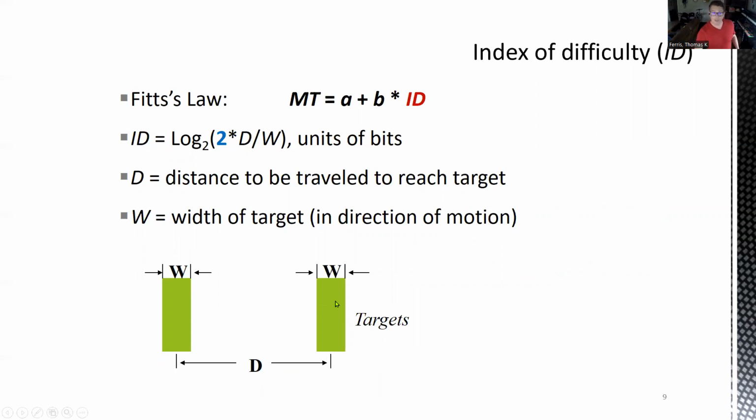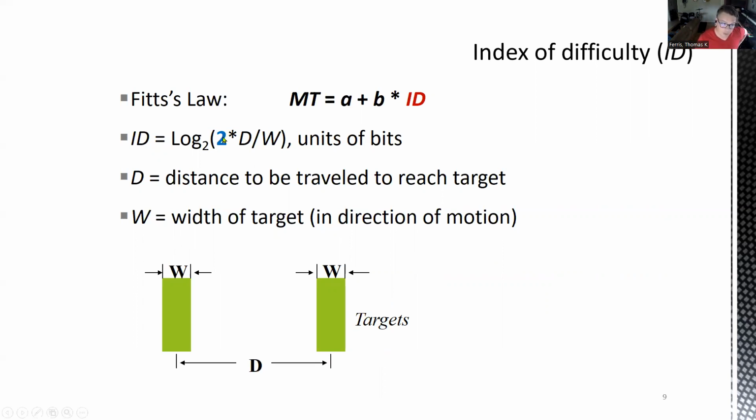So the way that this is illustrated here, W is only if I'm moving in this dimension. If these are targets and I'm moving in the up and down dimension, then W would be the height of this target. So it's the width of the target in the dimension that you're moving, in the direction of motion.